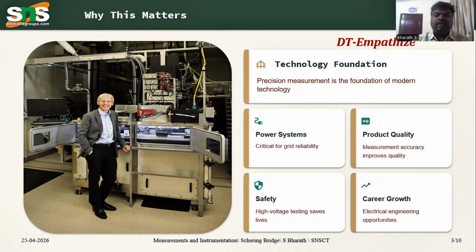This is also very important for a Schering bridge. It is used for grid reliability in power system networks, for measurement accuracy and product quality in other types of systems, for safety in high voltage engineering systems, and for career growth in electrical engineering opportunities. So this Schering bridge is very important to understand.